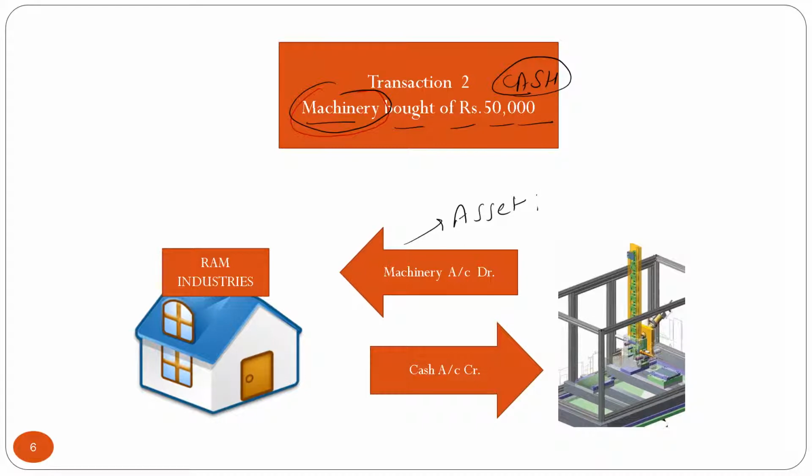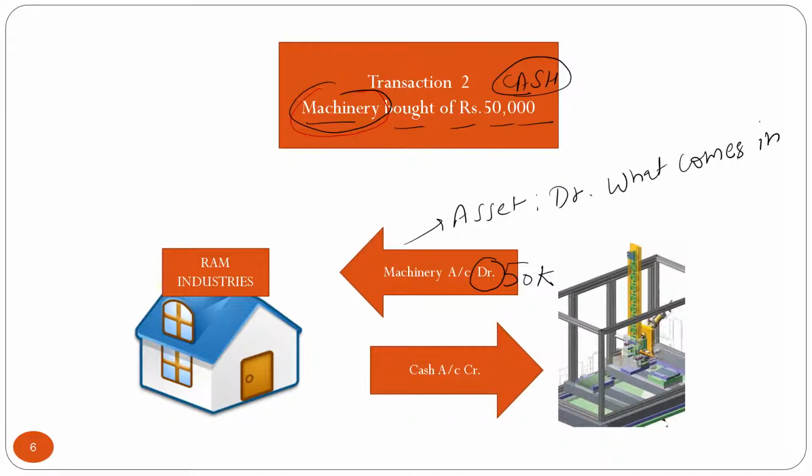On an asset we use the real account rule: debit what comes in. It means if an asset comes into the business, we debit it. So machinery comes into the business for 50,000 rupees and we debit the machinery by 50,000 rupees.